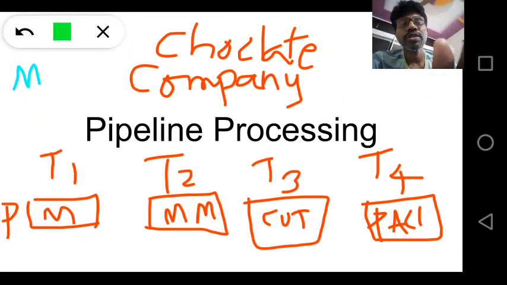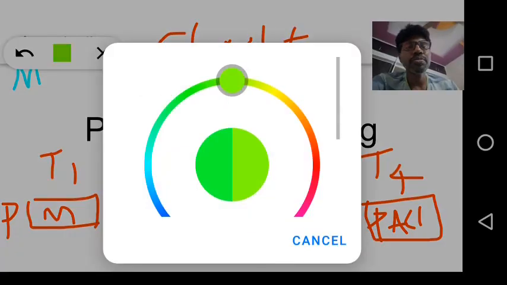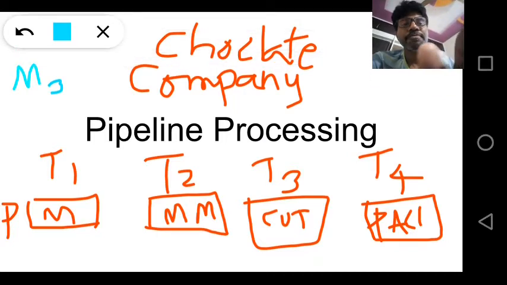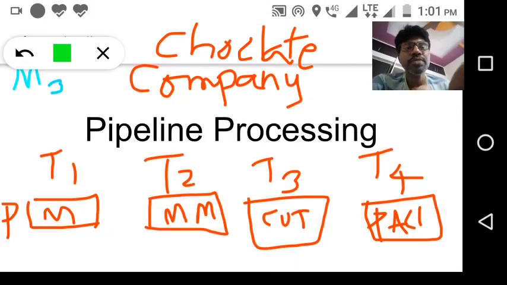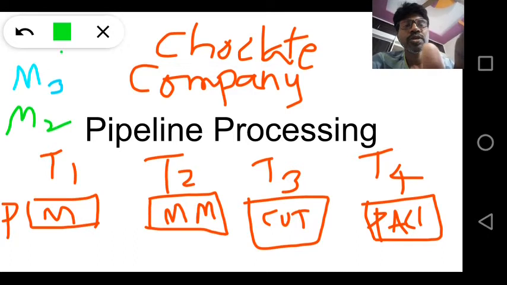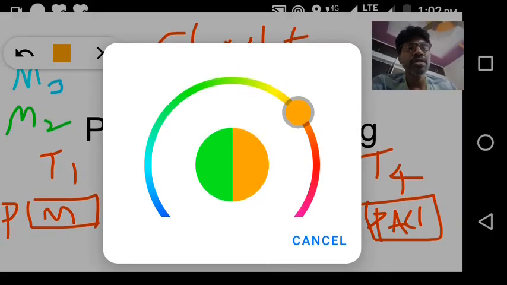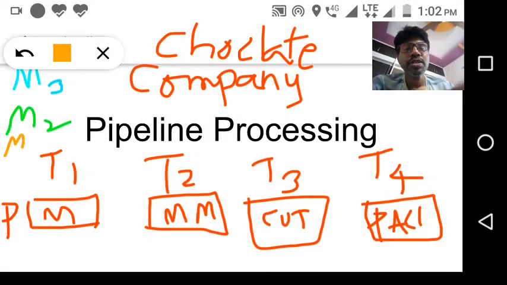Let me draw the picture like this. Let's assume this is material 3 and this is material 2, and this is material 1.